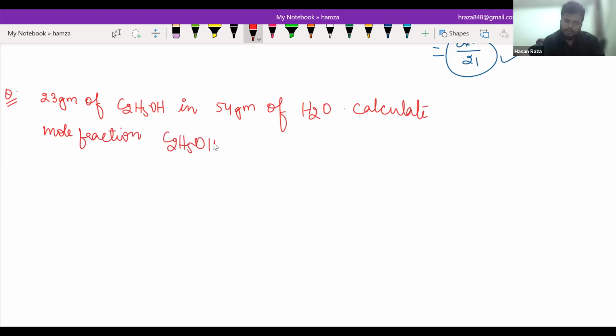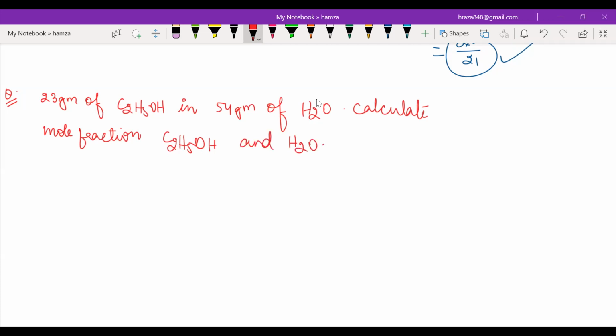C2H5OH, chemical name is ethanol alcohol. Please do this last question. Take your time and do it correctly, accurately.